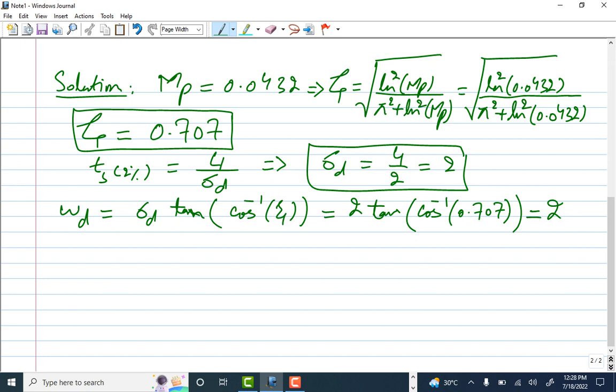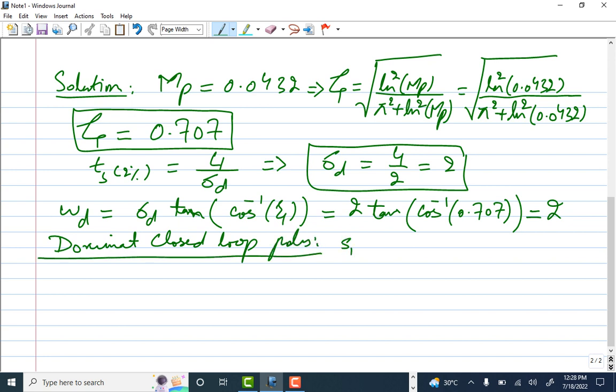So now the dominant closed loop poles s1, s2 are equal to minus sigma d plus minus j omega d.